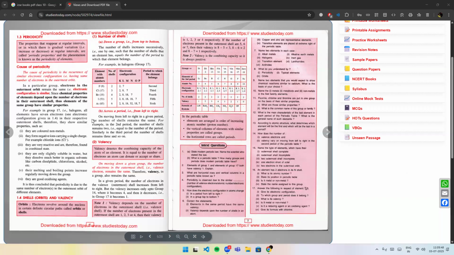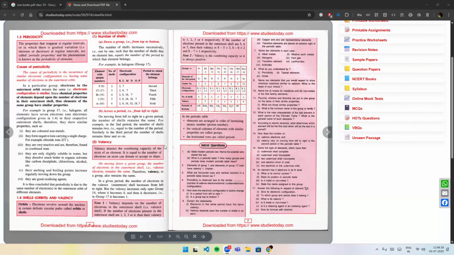Orbits. Electrons revolve around the nucleus in certain definite circular paths called orbits or shells. Number of shells. Down a group, that is, from top to bottom, the number of shells increases successively, that is, one by one, such that the number of shells that an element has equals the number of the period to which that element belongs.